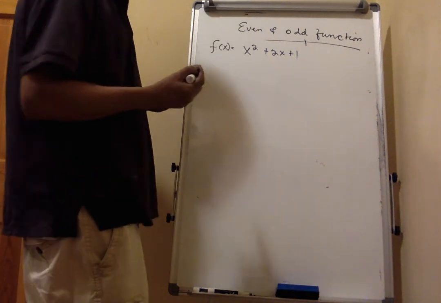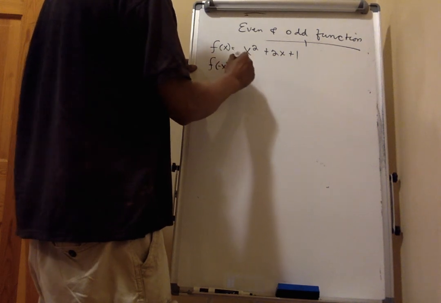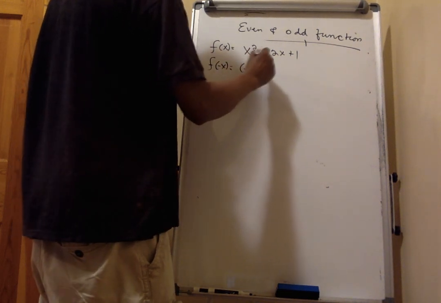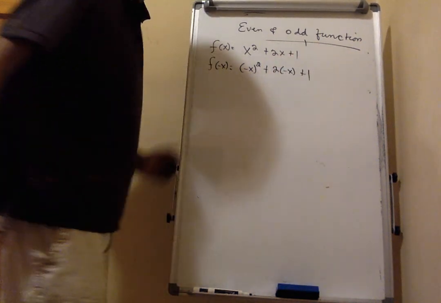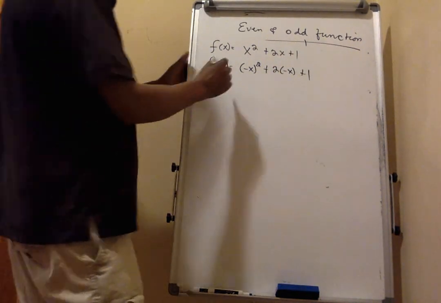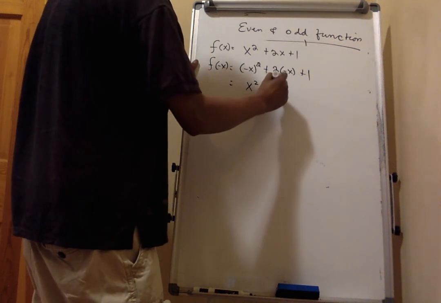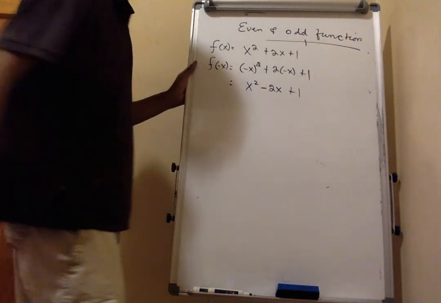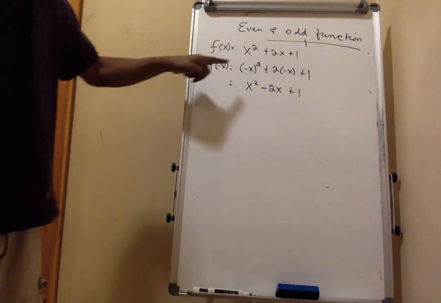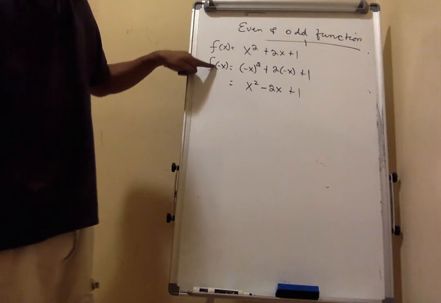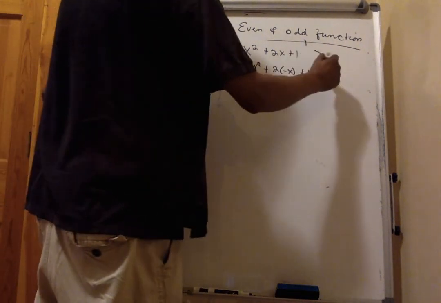Change x into negative x. f of negative x would give us negative x squared plus 2 times negative x plus 1. And negative x squared is x squared, so we get x squared minus 2x plus 1. Since f of x, x squared plus 2x plus 1, is not the same as f of negative x, x squared minus 2x plus 1, it is not even.